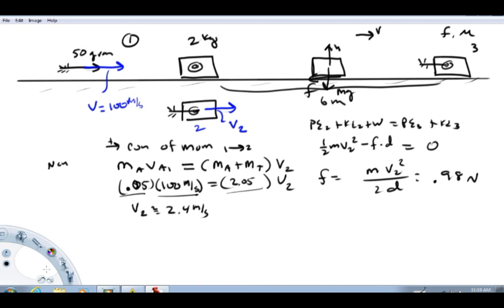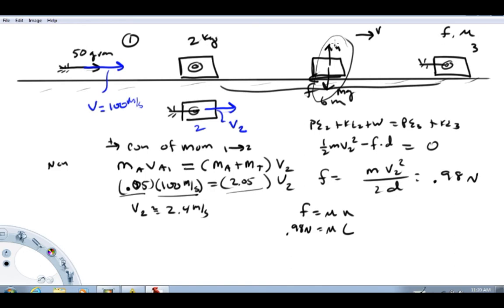Now, to get the frictional coefficient, I'll just take note that the frictional force is equal to the coefficient of friction times the normal. So the frictional force we just found to be 0.98 newtons. The normal, now here's where we would look at our free body, right? So as I look here at these forces, if you sum forces in the y direction, we're going to get 0. This thing's not accelerating up.